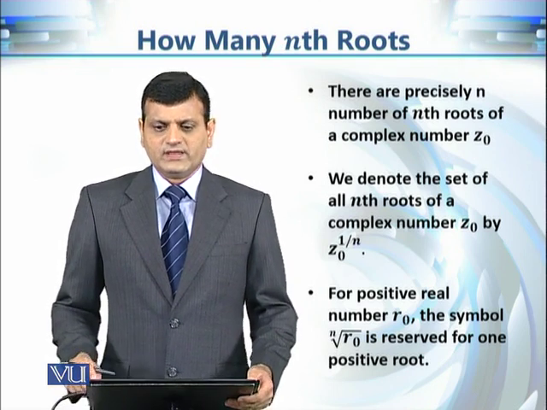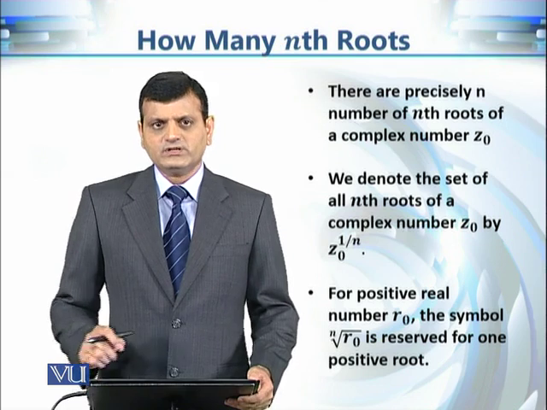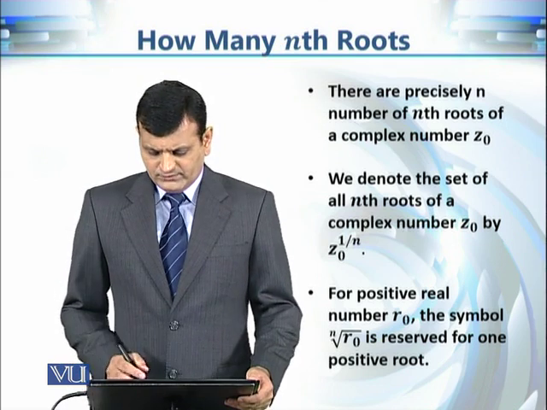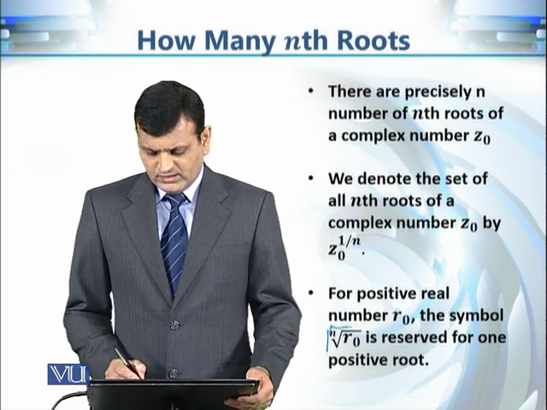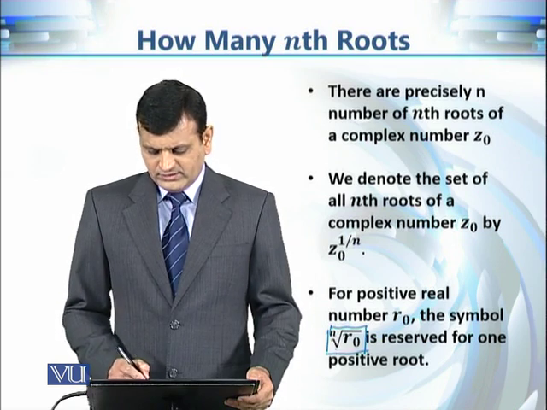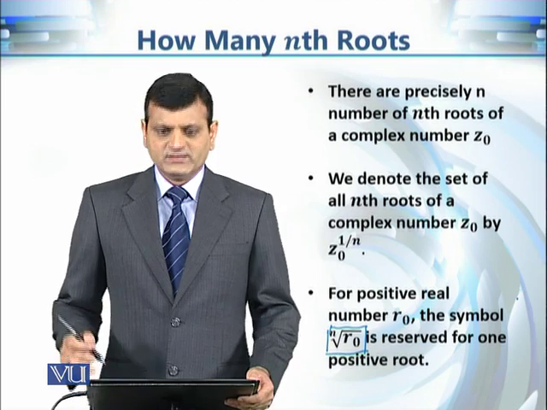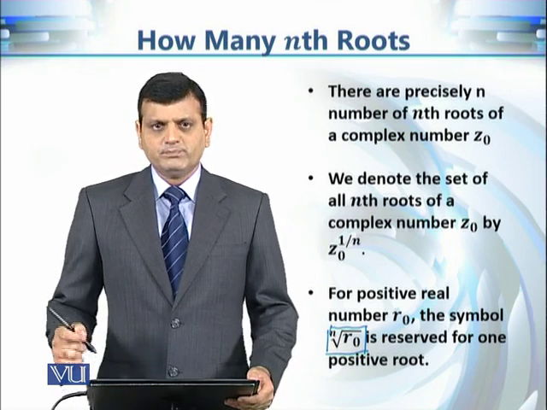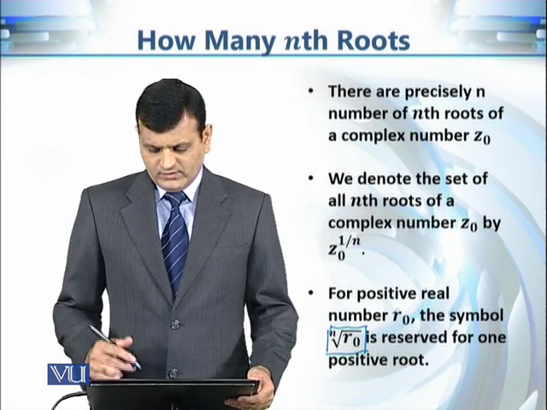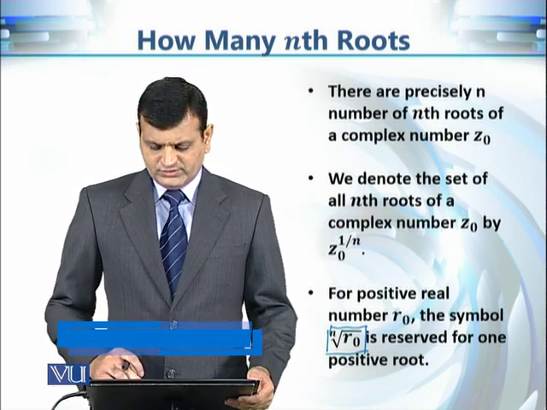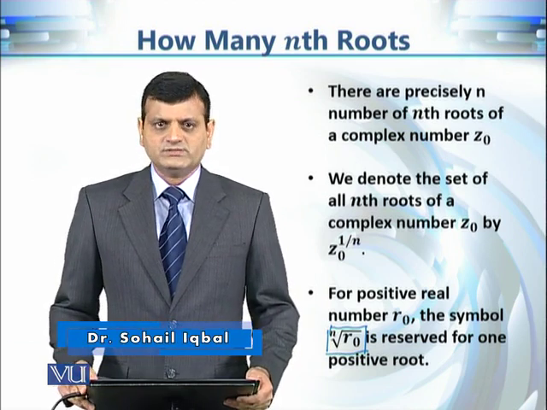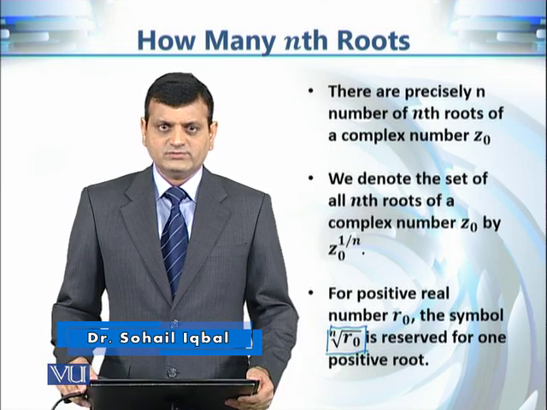So now our aim is to find what those numbers are. As a matter of notation, when we write r0 inside the root notation with an n written on it, it means that particular positive nth root of r0, and it does not denote the other complex answers.